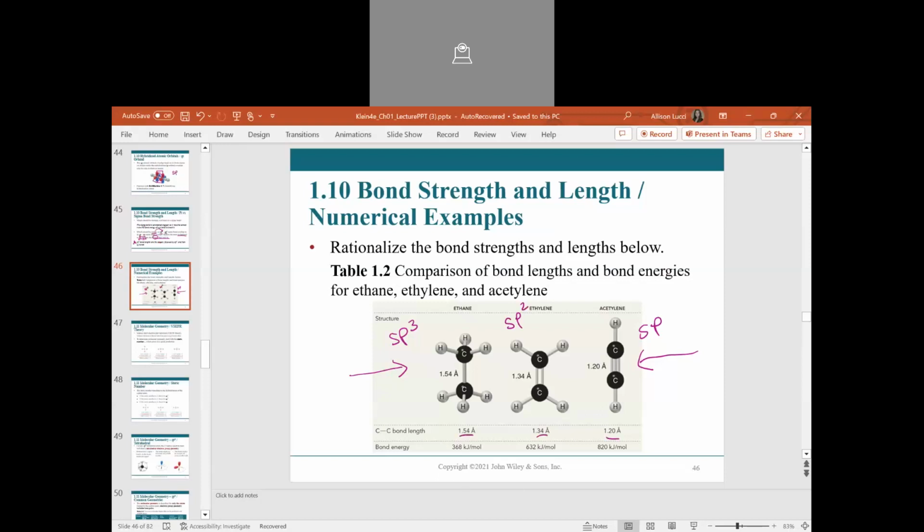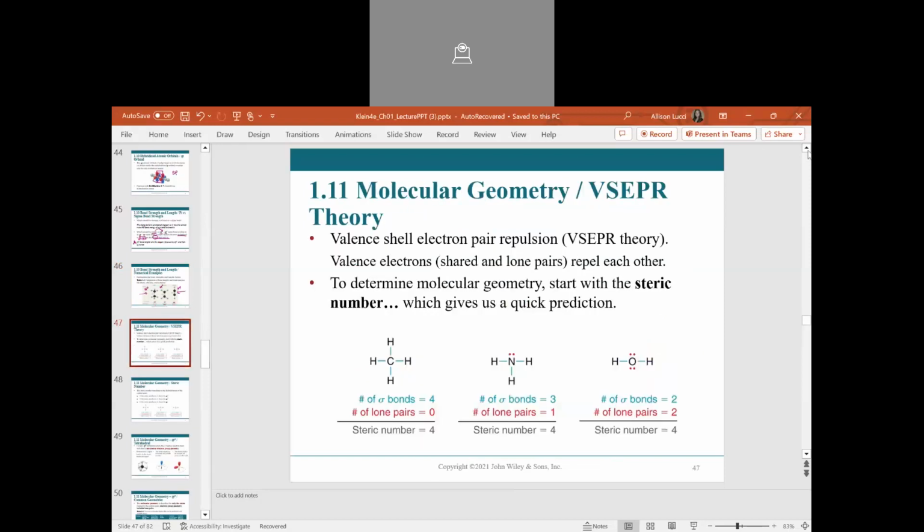If you forget how they correlate, sp is the shortest, sp3 is the longest, and also the energy involved in these single, double, and triple bonds, right? The hybridized energy specifically. So that is everything for this section, and we'll continue with section 1.11 with the next video.